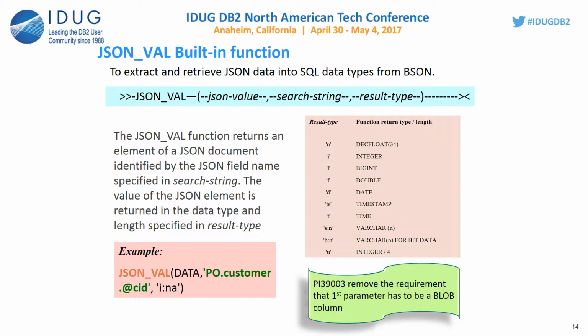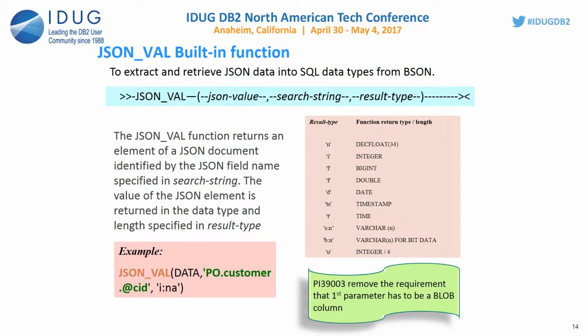It means that under PO, there's an object called customer, and under customer, there's another object called CID. This function asks Db2 to search for this field. If you find it, convert it into an integer for me.